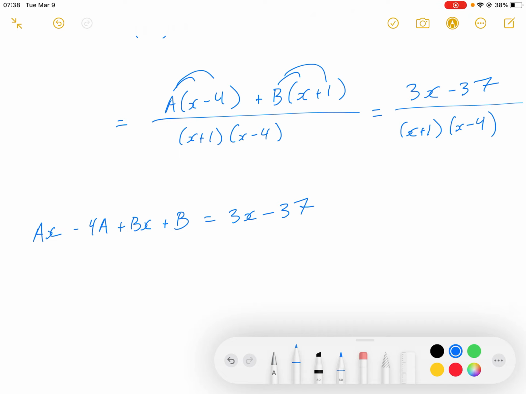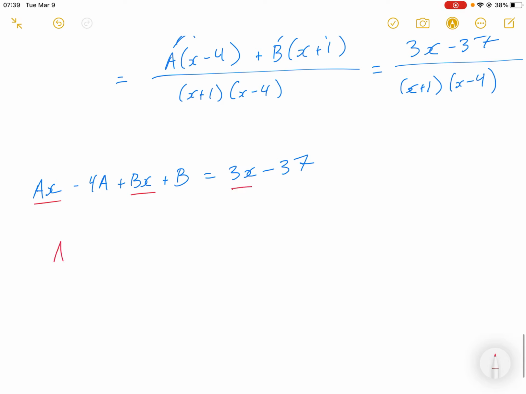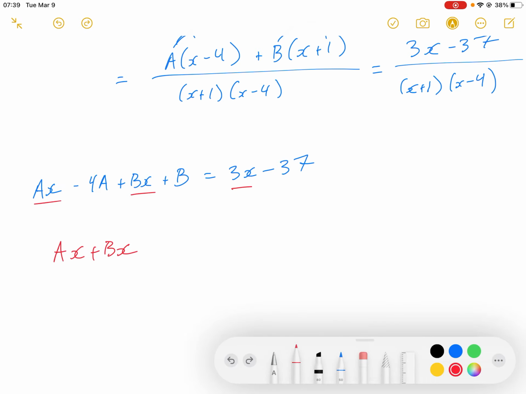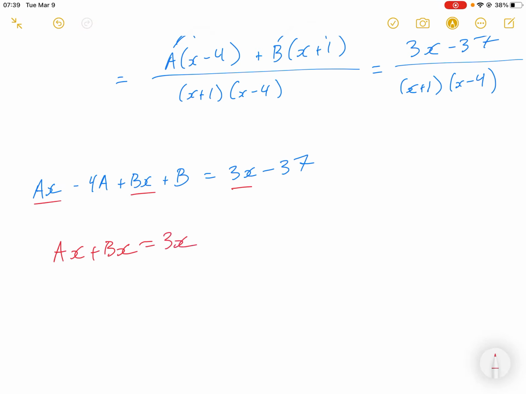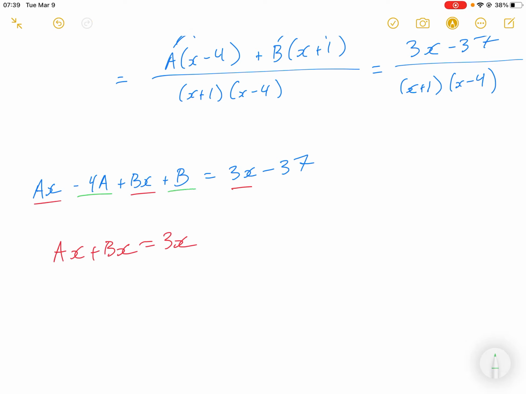So what this does for me is this tells me that Ax plus Bx has to equal 3x. Oops, equals, not plus. And negative 4A, let me continue color coding, negative 4A plus B has to equal negative 37.